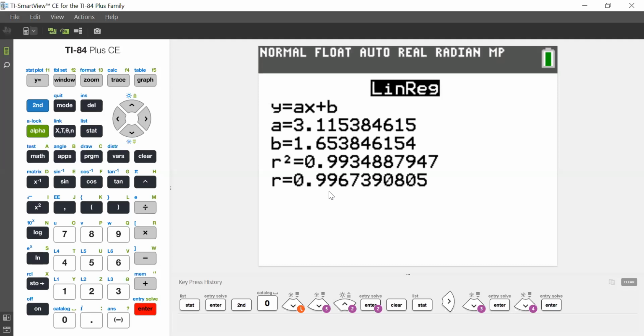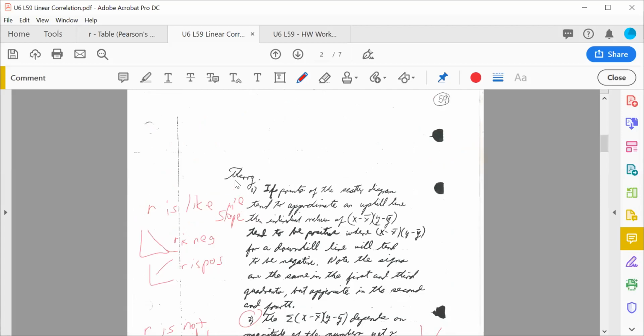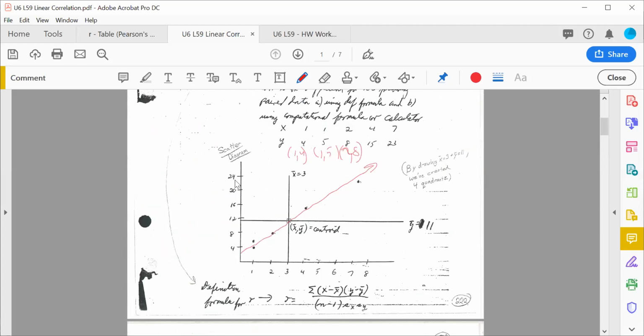Let's go back and show you what I'm talking about. That means that this line that I just drew right here, the equation of this line, and it's actually y prime, we'll get to that tomorrow, is 3.12, that was the slope, x plus 1.65, mx plus b.